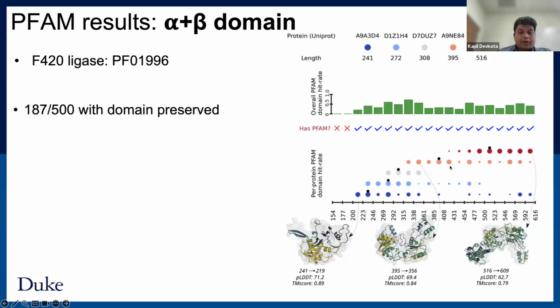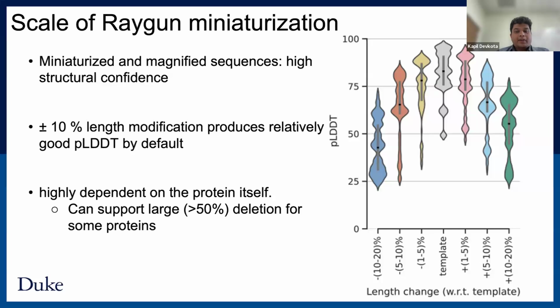So on the whole, we found that there is no visible and noticeable bias in Raygun in doing protein editing, and it can be used to shrink and expand and preserve the required PFAM domain for a wide variety of secondary structures. In general, we found that the function is largely retained if we did length modification by plus or minus 10%, although for some proteins, we can modify it by an even larger margin, more than 50% deletion.